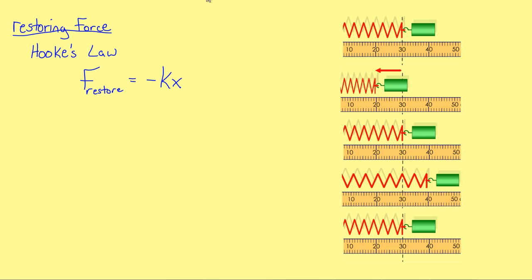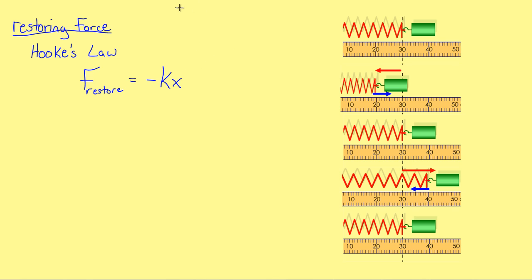now, so let's go ahead and mark the restorative force here on this one. So the restorative force is in blue, all right, and it's going to point back the way, opposite the compression. And then in this case down here, the displacement is in that direction, and the restorative force will point back in that direction. All right, and that's where that negative sign comes in.